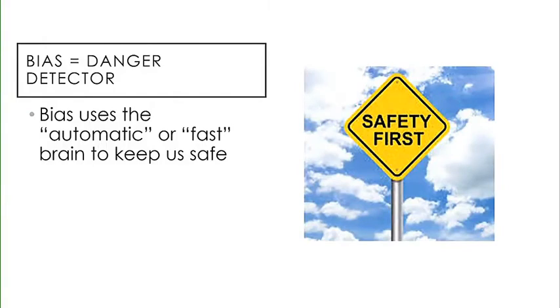It ultimately serves a function of being a danger detector for us, and it helps us to stay safe. It allows our brain to make quick split-second decisions without having to consciously think about them, in order to stay safe. For example, if I'm crossing the street and a car is speeding toward me, I don't have to think consciously about the fact that I'm going to react very quickly and get out of the way and jump back onto the sidewalk.